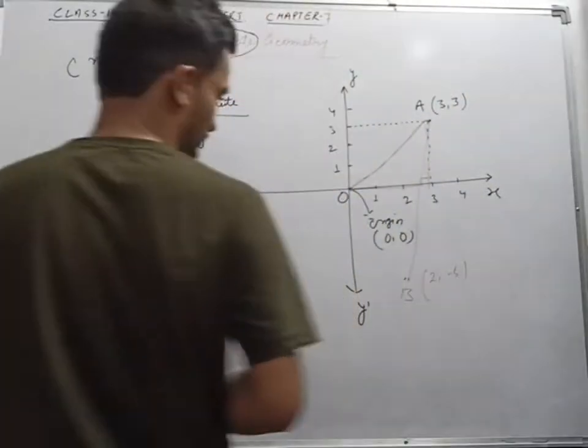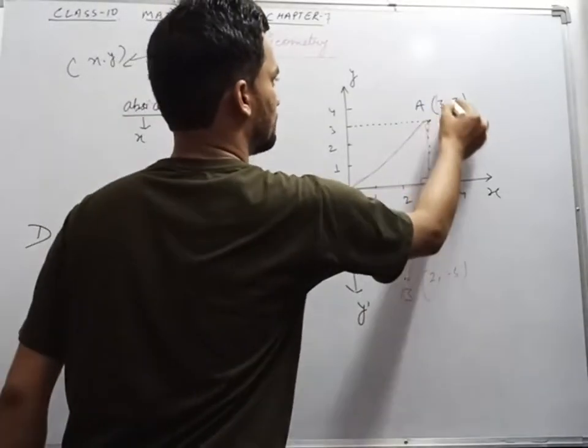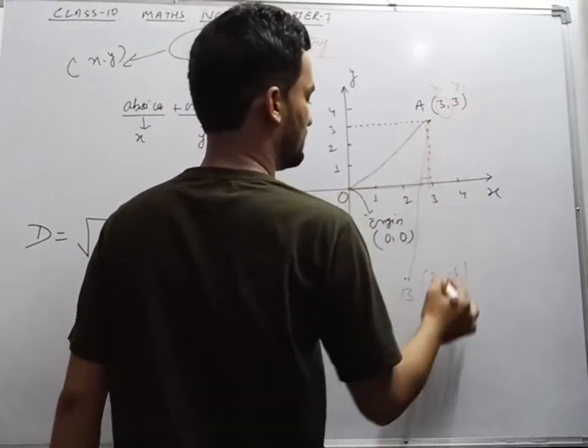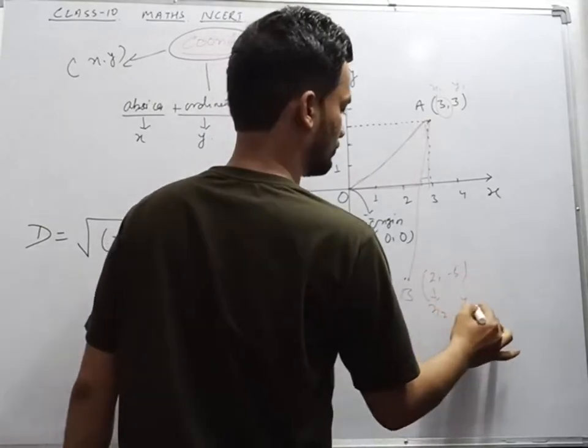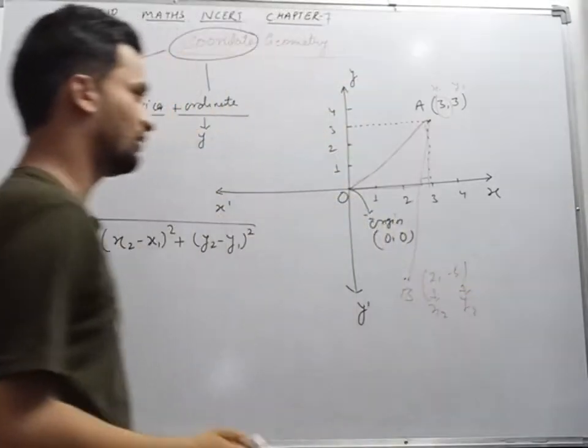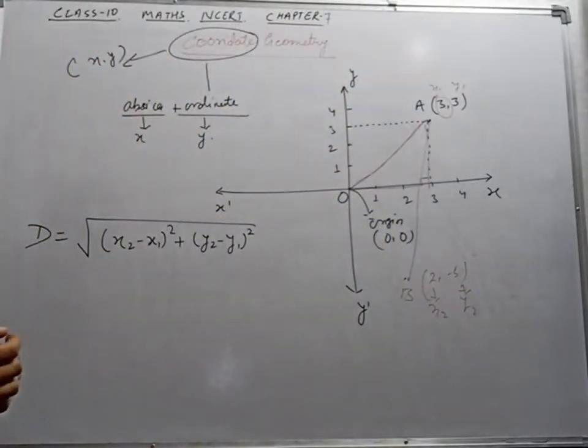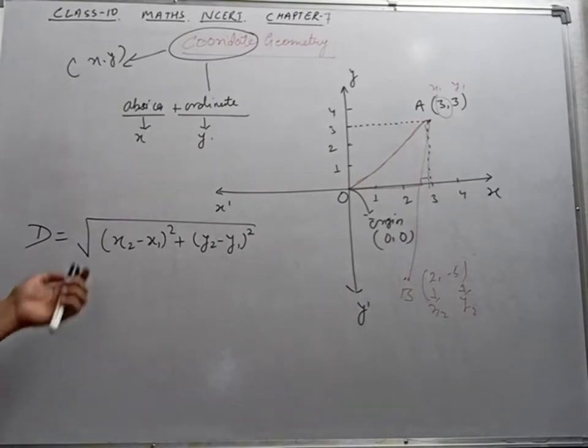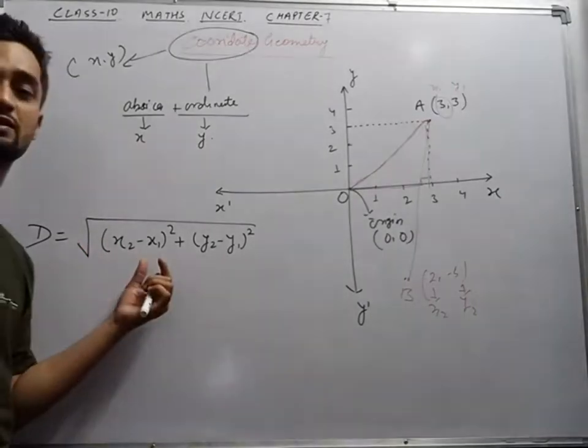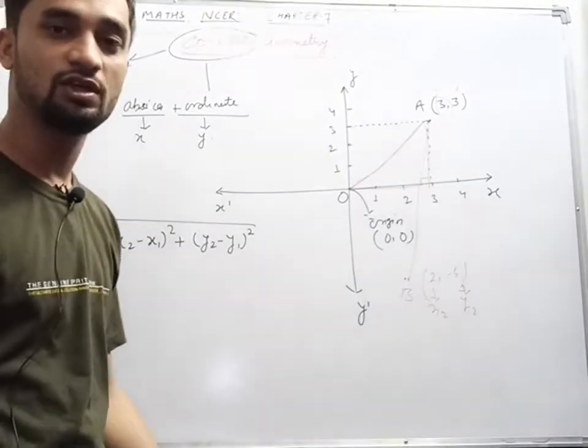This is just an example. The first point will be x1, y1 and this will be x2, y2. So the distance of point A from B, that is AB, is equal to root over x2 minus x1 whole square plus y2 minus y1 whole square.